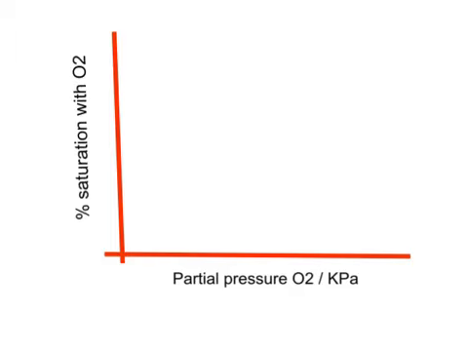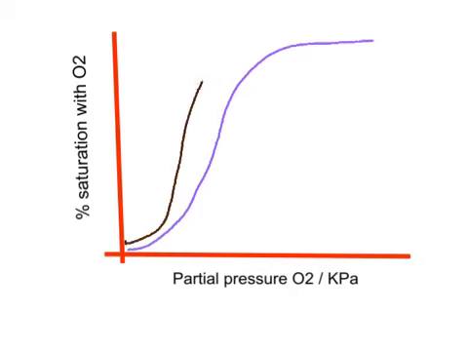So adult hemoglobin we drew earlier, we showed you this sigmoid or S-shaped curve. Fetal hemoglobin quite simply has the same shape, but it's shifted upwards and to the left. So if I draw this in brown, we can show that the curve actually looks a bit more like this. So I should really level off the same at the top there, so I'll correct that.